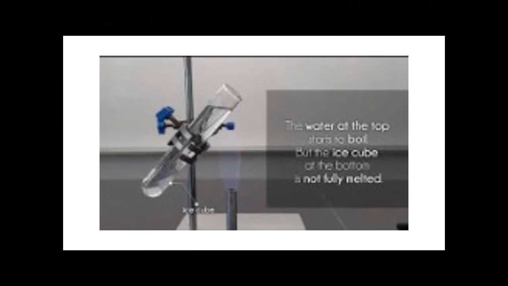A Bunsen burner was heating the top section of water in the test tube, but by the time the water was boiling at the top, the ice was still fairly intact at the bottom. So this demonstrates that within the same vessel of water, you can have frozen water and boiling water. So water itself must be a relatively poor conductor of heat.